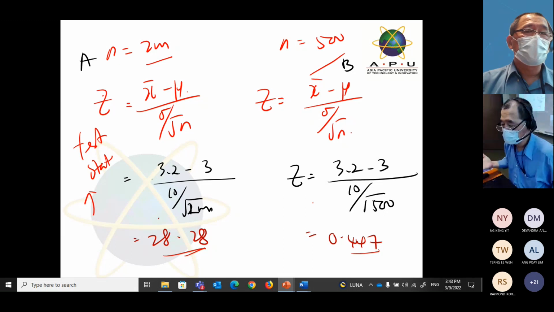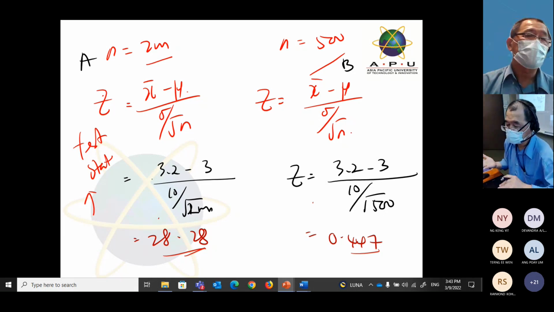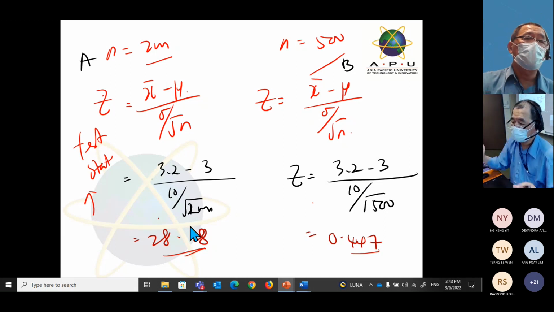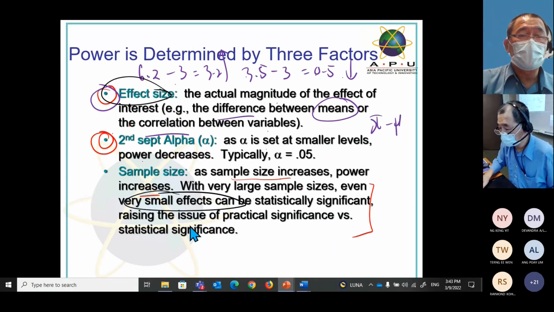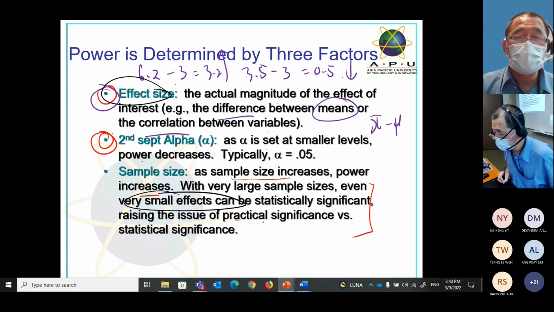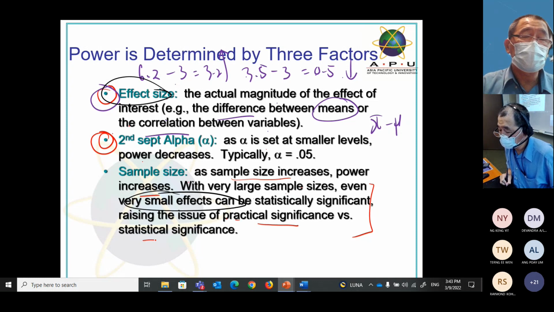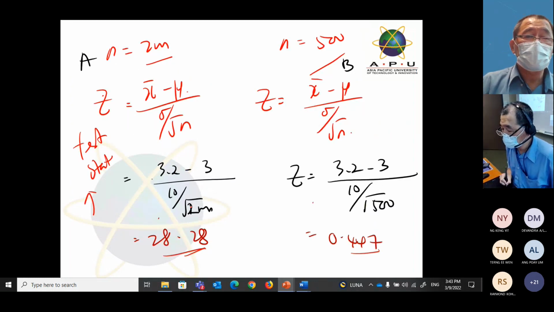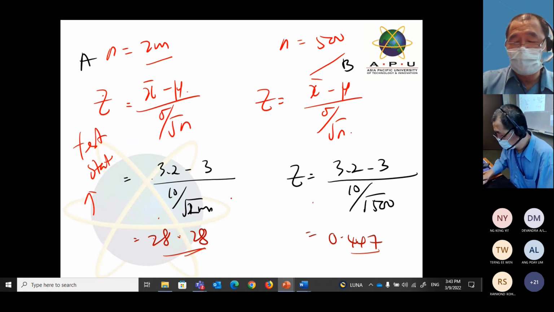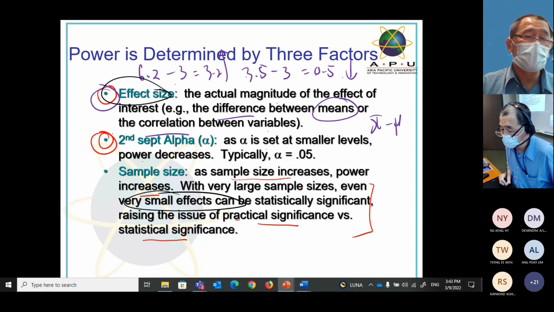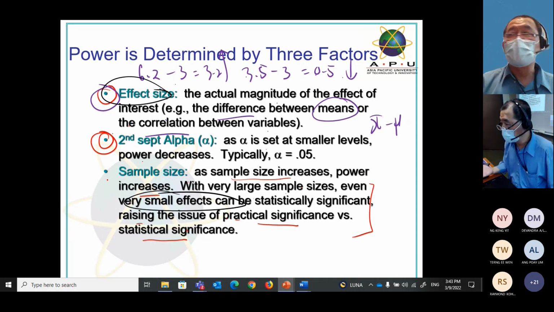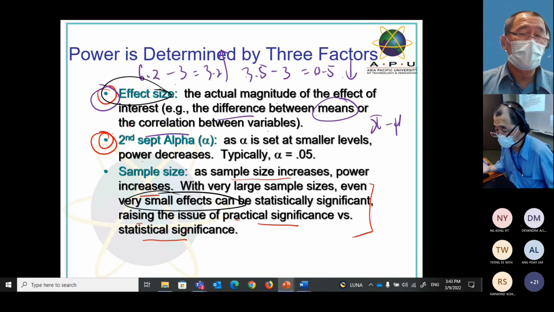With big data, of course, your sample size is easily more than a million. So the issue is practical significance versus statistical significance. In this case, 28.28 is statistically significant; we can reject the null hypothesis, so the result is significant.